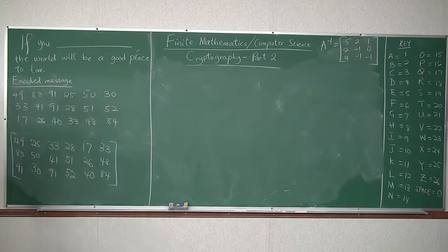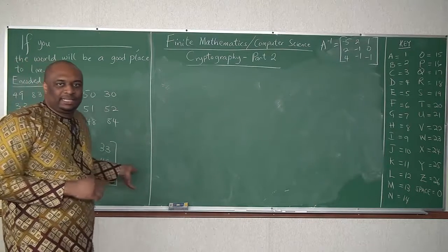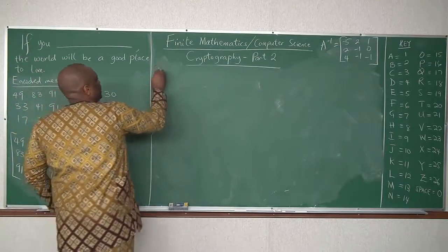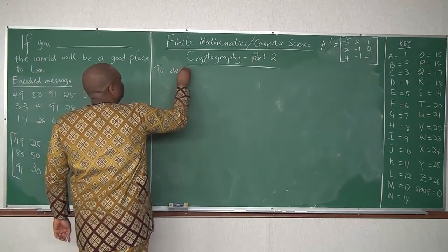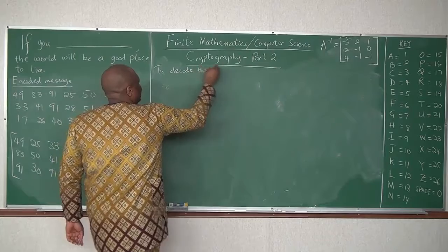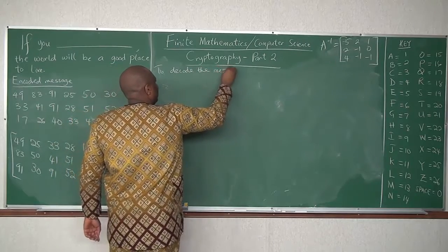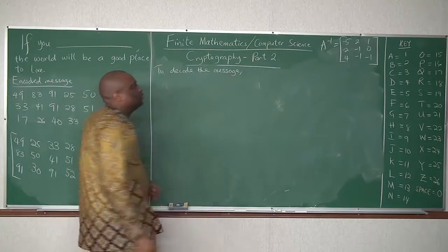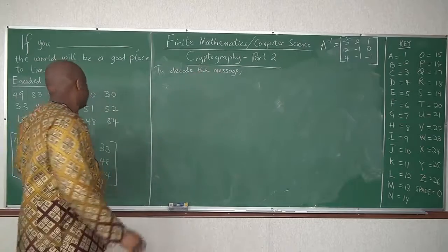Now, to decode the message, we now have to multiply this by this.